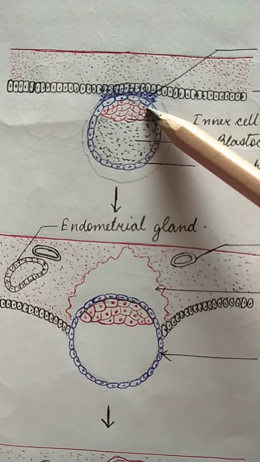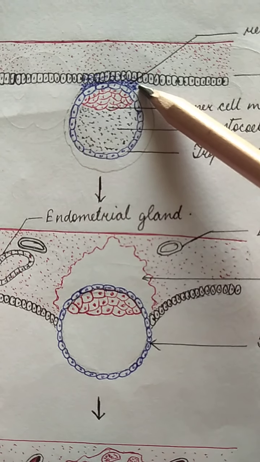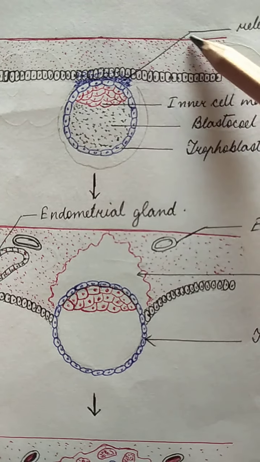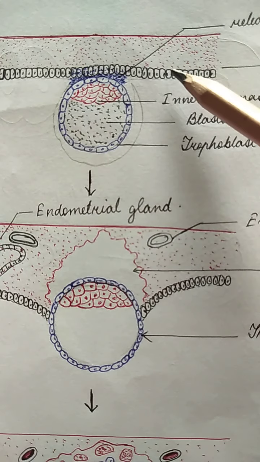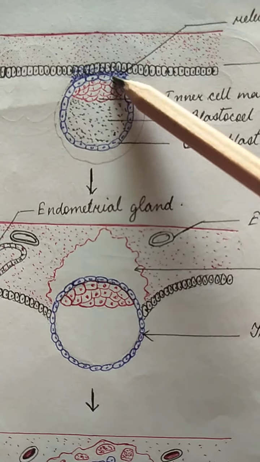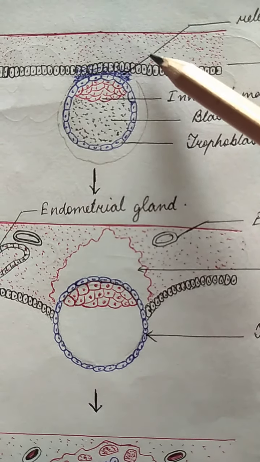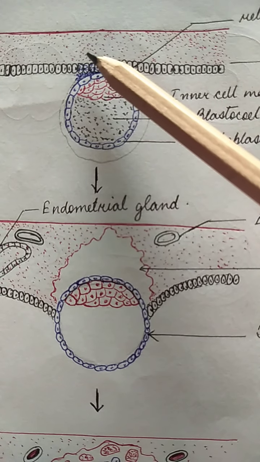The portion of the blastocyst where the embryonal knob is located lies against the endometrium. The contact stimulates the proliferation of the trophoblast cells.